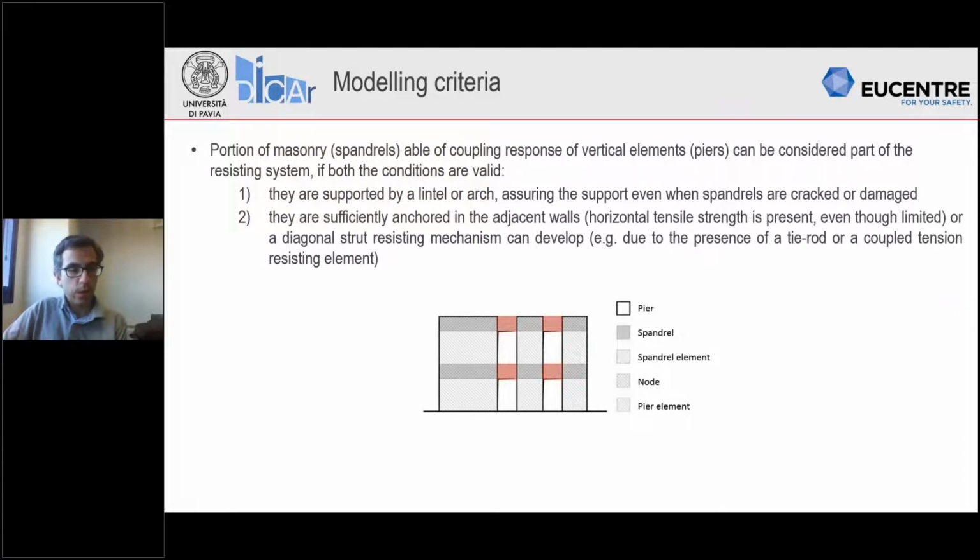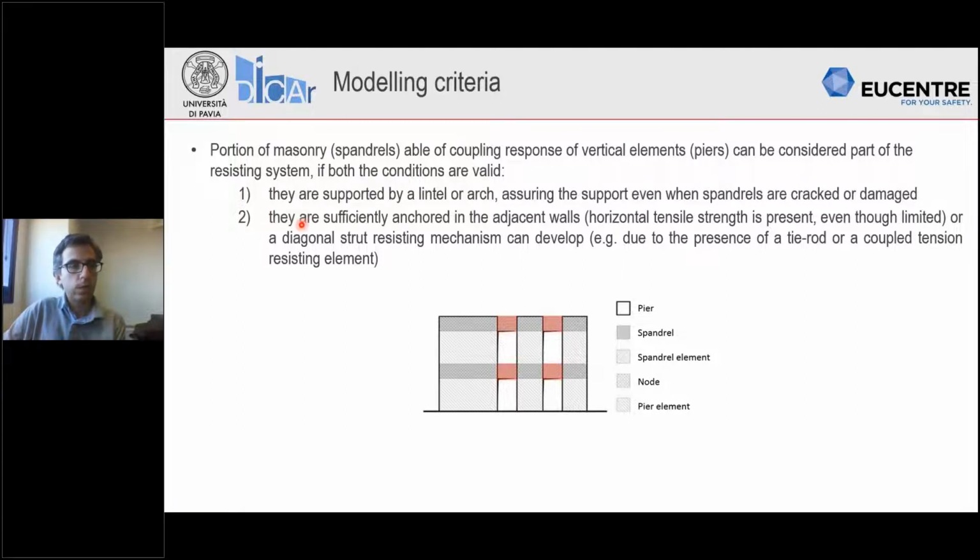Portions of masonry able to couple the response of vertical elements, which are the so-called spandrels, can be considered part of the resisting system, provided that two conditions are valid. First, they are supported by a lintel or an arch, which is assuring the support even when spandrels are damaged or cracked.